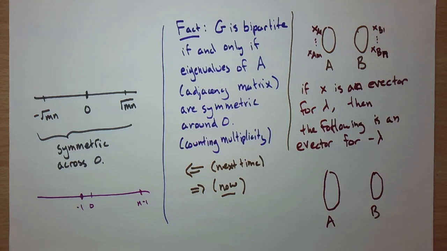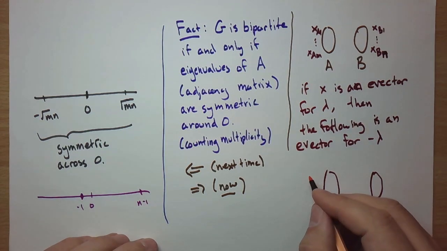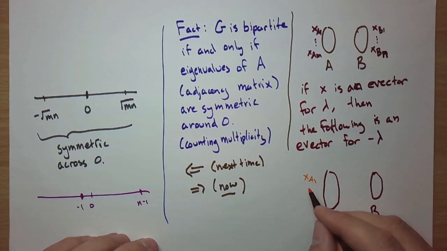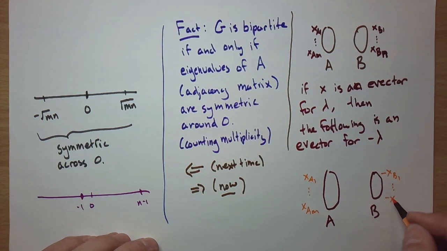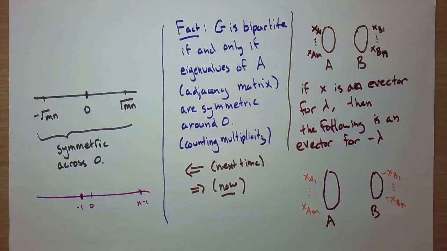All right, I claim that we can now write down an eigenvector for minus lambda. Want it to be X_A1 to X_AM and negative X_B1 to negative X_BN. Because that works. That's why you want it to be that way. So you want to flip the signs on one side. The claim is that this is an eigenvector for minus lambda.